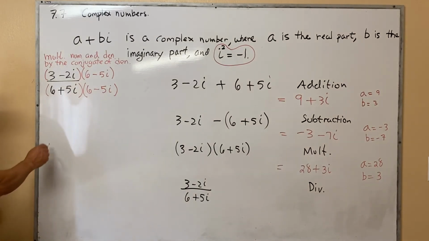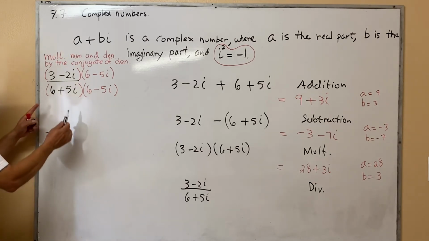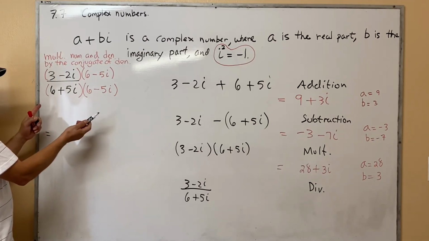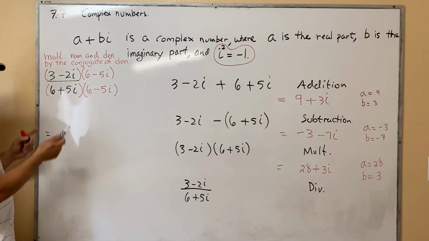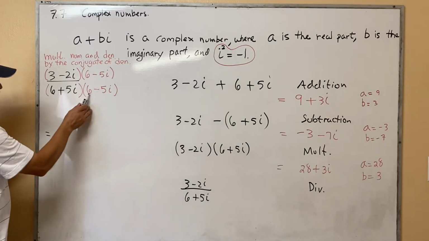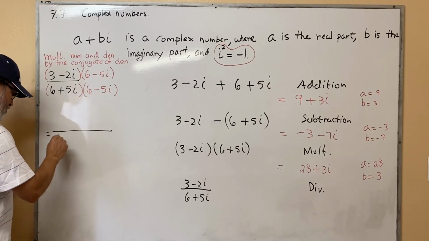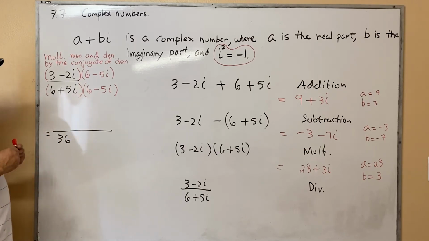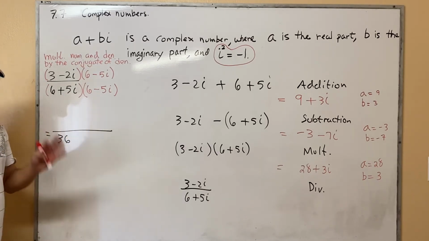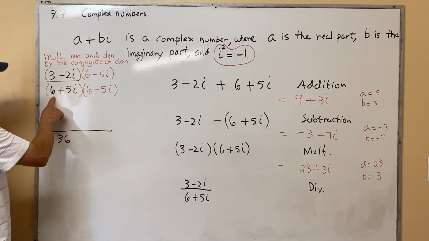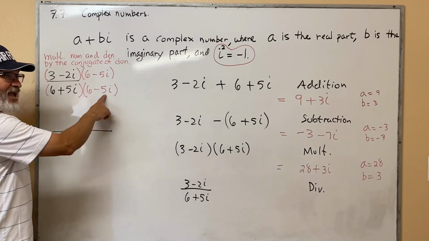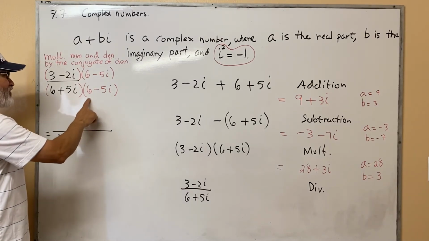Well, at the bottom. In the bottom, you're gonna FOIL, but look, outer and inner cancels, okay? So what's 6 times 6? 36. Outer and inner cancels. Why? Because outer is negative 30i, inner is positive 30i, they cancel.